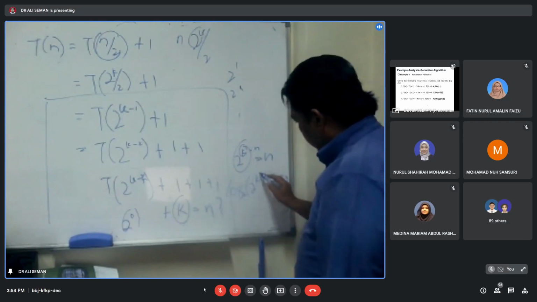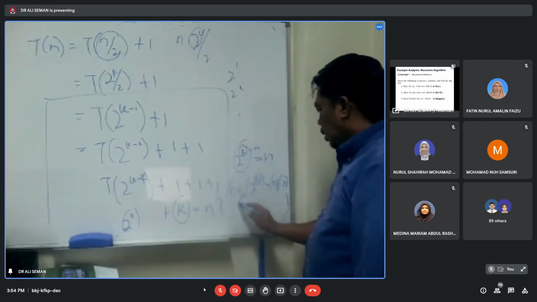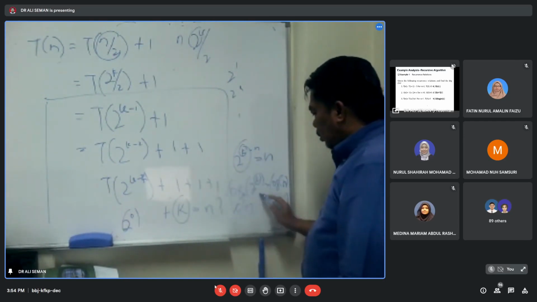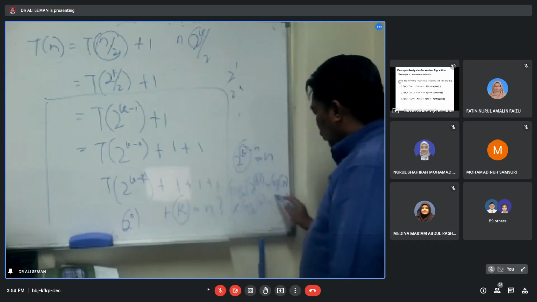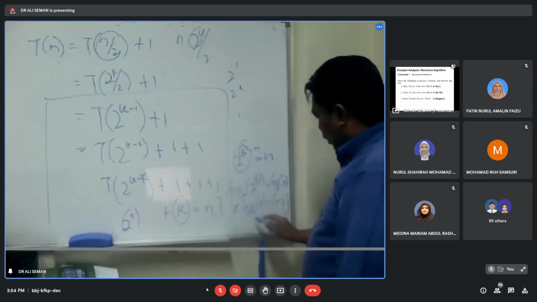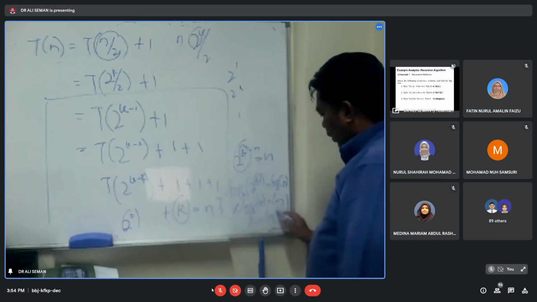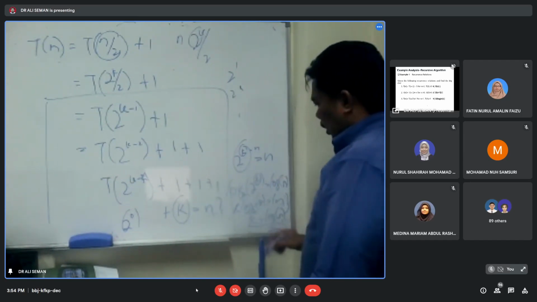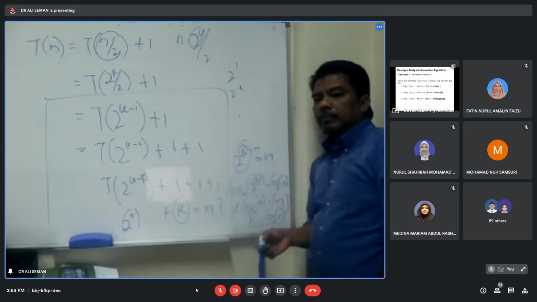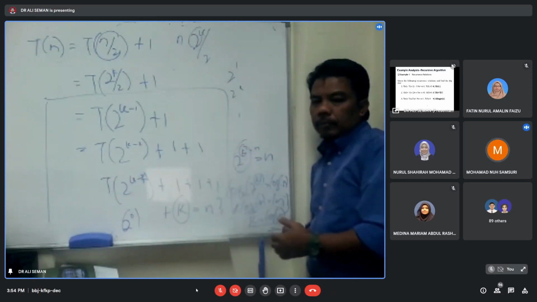Then we need the k only. So k times log 2 base 2 equal to log n. So we can simplify here. So k equal to log n. So I just repeat the same thing. Clear? Yeah.